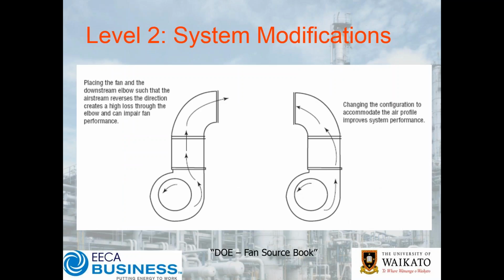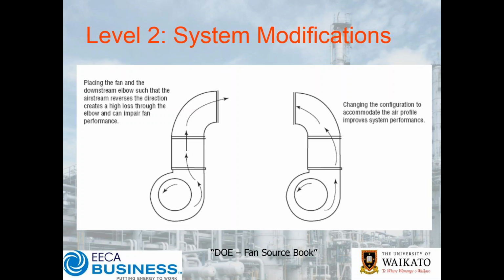Another really simple example: when fans are specified and selected, you can generally specify the orientation of the fan, and you talk to a lot of people, and it's not uncommon to see a lack of appreciation of the significance of getting the rotation of the impeller aligned with not only the incoming duct but also the outgoing duct.